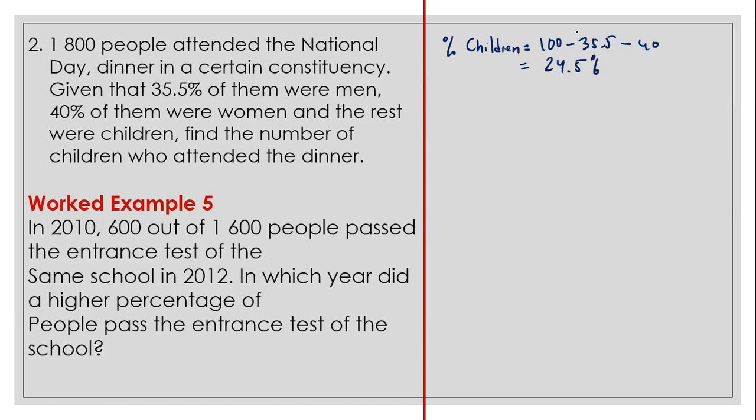So how do you find the total number of children? Somehow this will be easier. 24.5% per 100 you multiply by the total amount of people. You can just cross this. So 24.5 times 18. So 441 children attended the dinner.